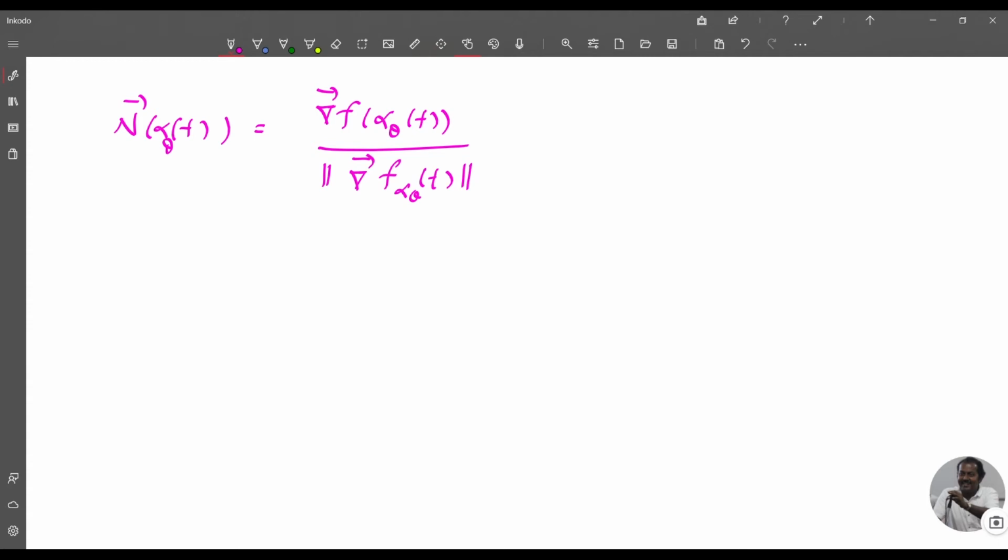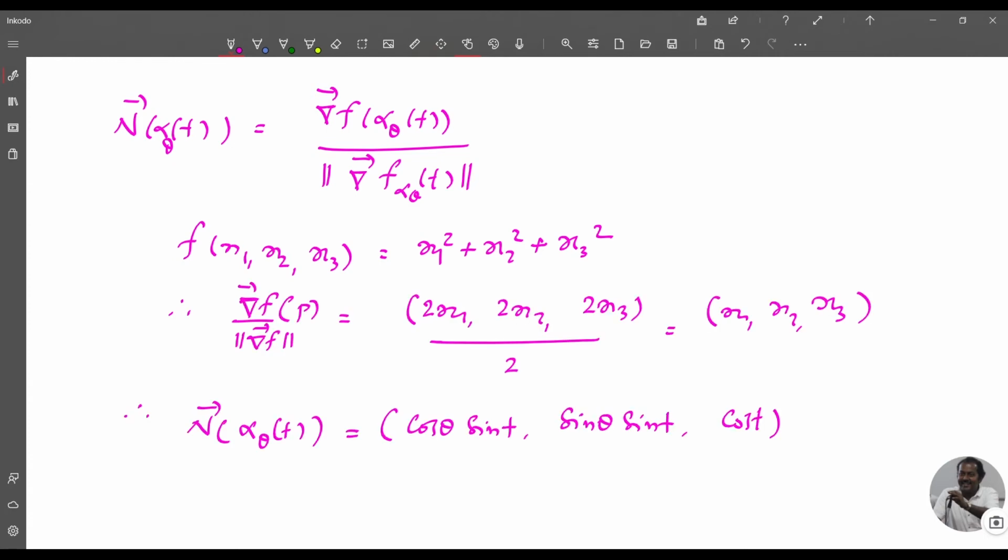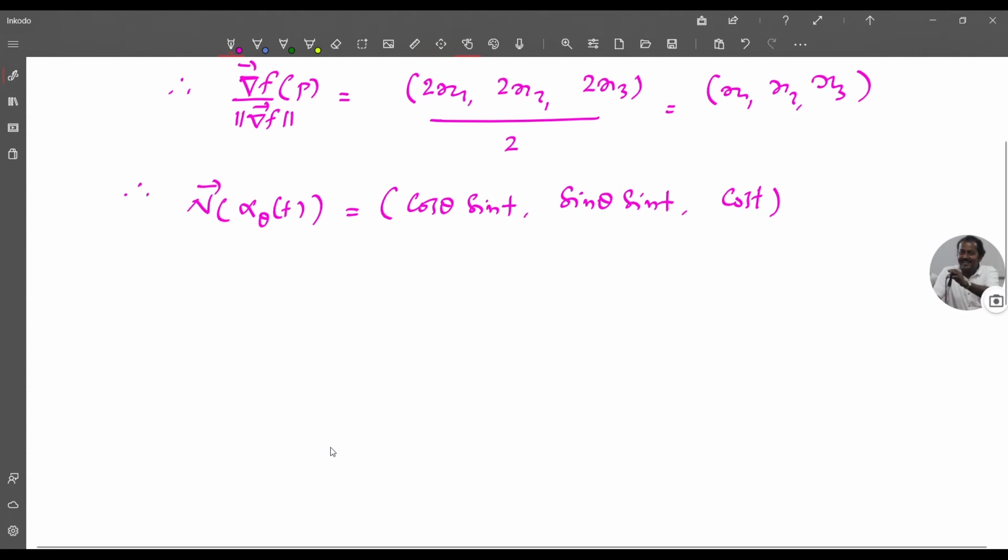And you know that f of x1, x2, x3 is x1 square plus x2 square plus x3 square. Therefore, del f by norm del f is n of alpha theta of t.